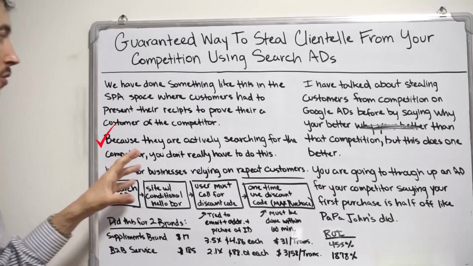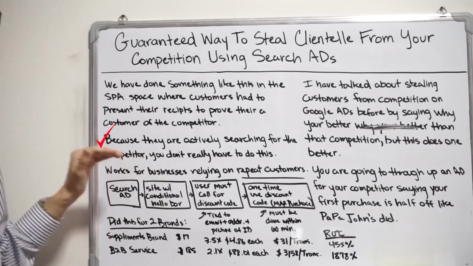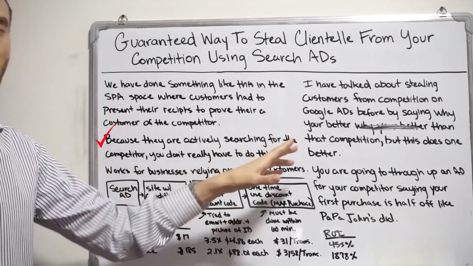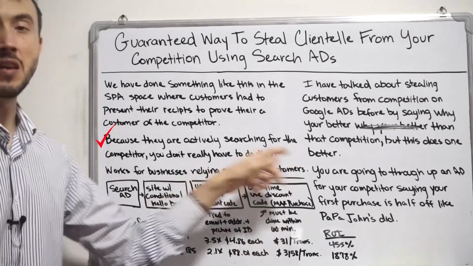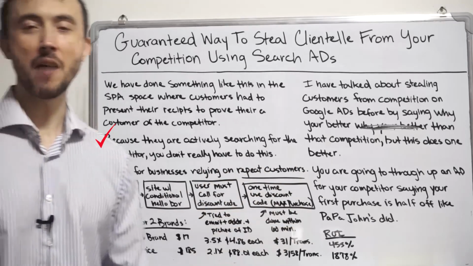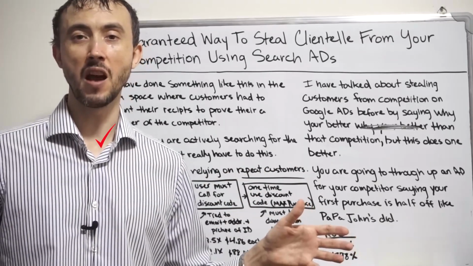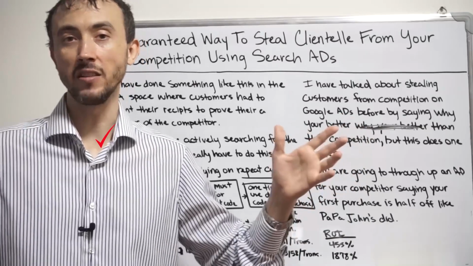So this basically only works for people that are dealing with repeat customers. Because obviously if you give half off to somebody where you only usually have one customer and they only buy once and that's it, it's pointless.